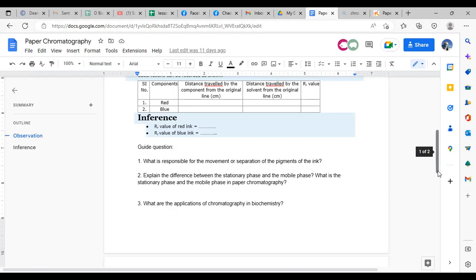What is the difference between the stationary phase and the mobile phase? From the word stationary, hindi siya gumagalaw. Tapos yung mobile phase, yun lang yung nag-move. Sa paper chromatography, yung mobile phase mo is yung solvent mismo. Tapos yung stationary phase mo is yung paper mo with, syempre, may mga water component ka na din doon.